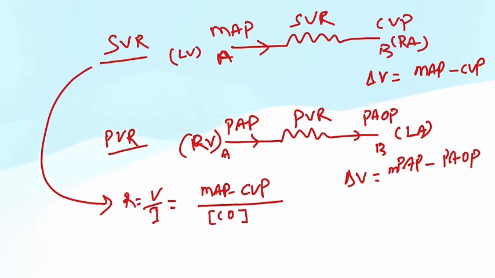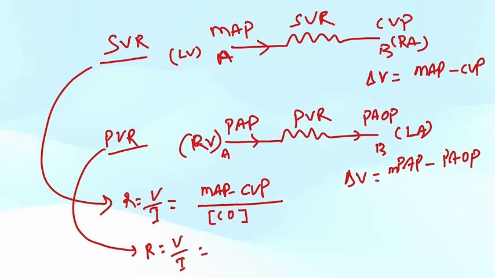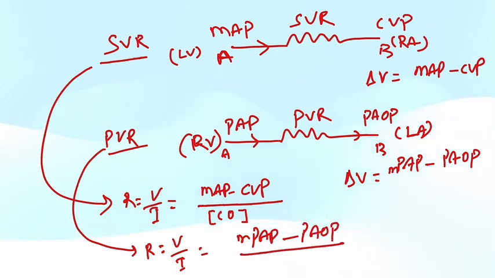Did you get the concept? Again, for PVR, R equals V by I. What is the potential difference here? It is mean PA pressure minus pulmonary arterial occlusion pressure, divided by the flow, which is the cardiac output. Did you get the concept?